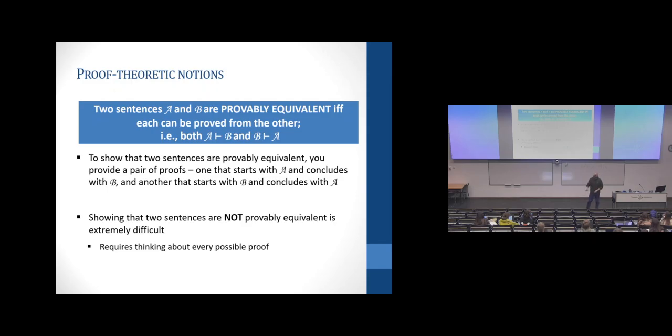Let's think. The clue's in the second word. Equivalence, right? It's tautological equivalence. This is our parallel to tautological equivalence. But it's our provability parallel in terms of tautological equivalence. What this is showing is that whenever A is true, B is also going to be true, and vice versa.